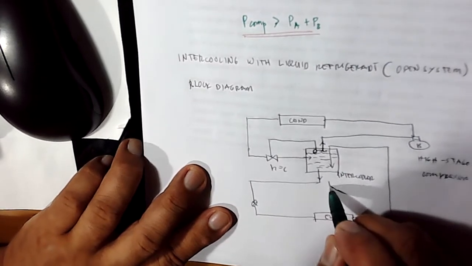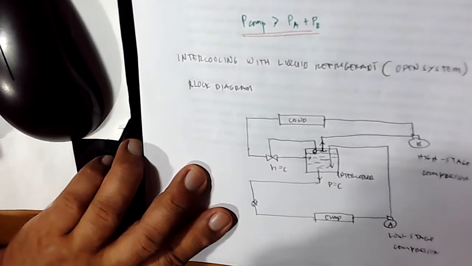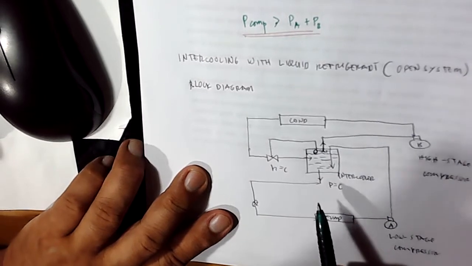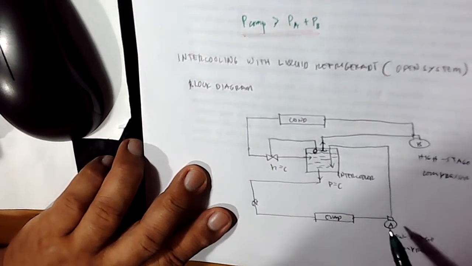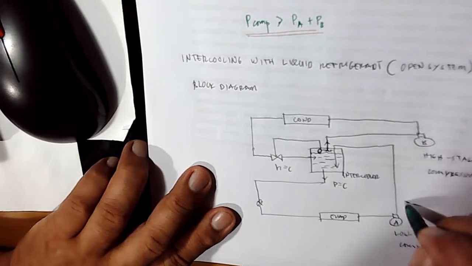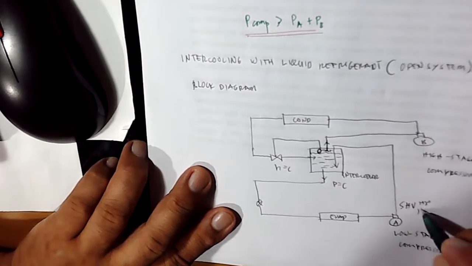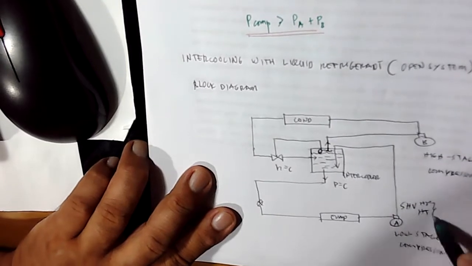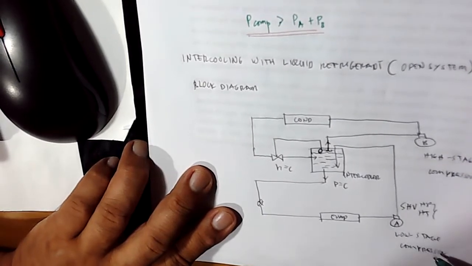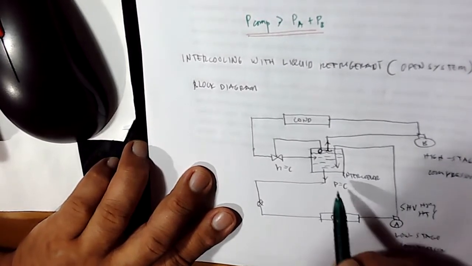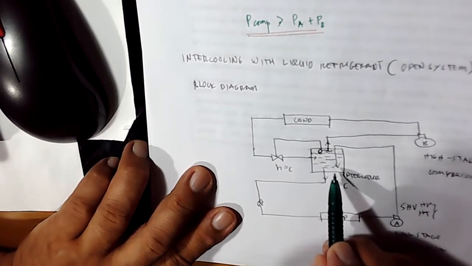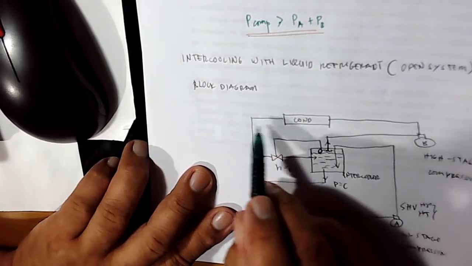Okay, this is again at constant pressure. It is considered an open system because the refrigerant coming from this side, which is superheated vapor, high pressure, high temperature, at low stage condition, goes into your intercooler and mixes with the refrigerant.